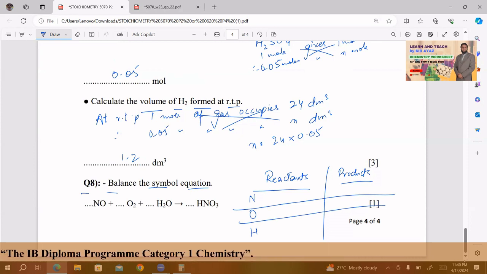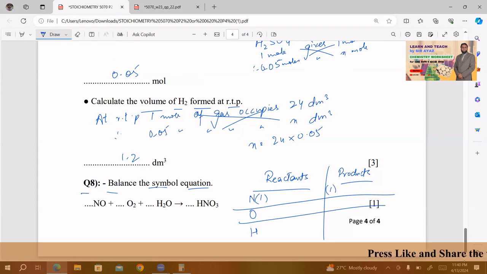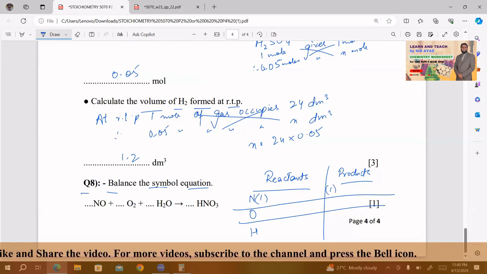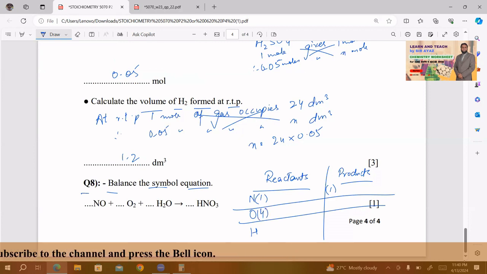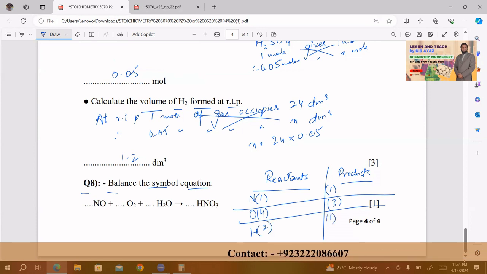But count the number of atoms on each side. Nitrogen is 1 on the reactant side and also 1 on the product side. What about oxygen? 1 plus 2 plus 1 is 4 here. On the product side, it is 3. What about hydrogen? It's 2 on the reactant side. On the product side, it's 1. So we need to balance both oxygen and hydrogen.